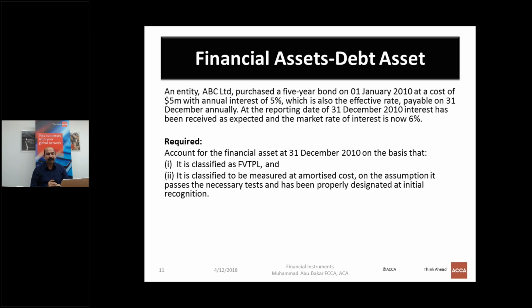At the reporting date of 31st December 2010, interest has been received as expected, and the market rate of interest is now 6%. Account for the financial asset at 31st December 2010 on the basis that it is classified as fair value through profit or loss, and if it is classified to be measured at amortized cost, on the assumption that it passes the necessary test and has been properly designated at initial recognition.